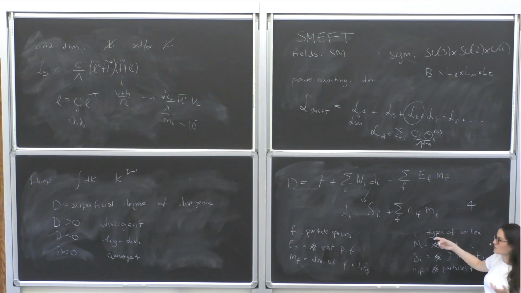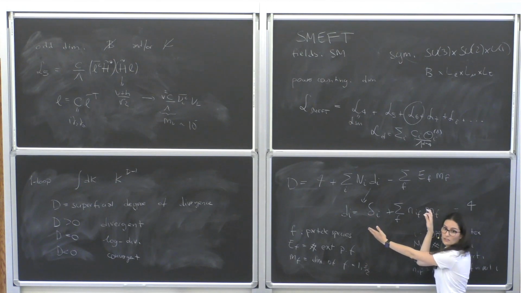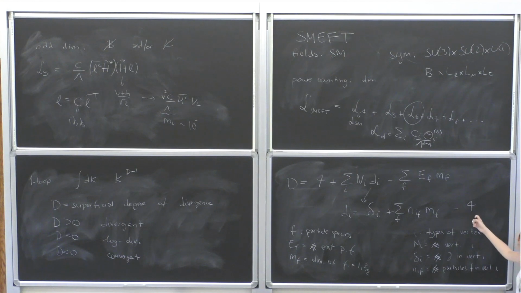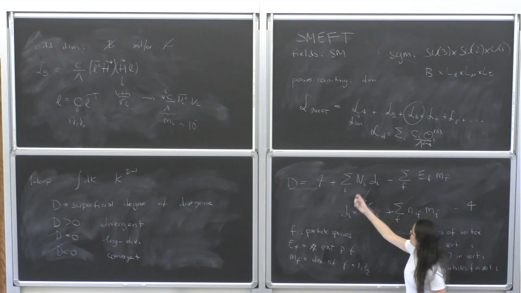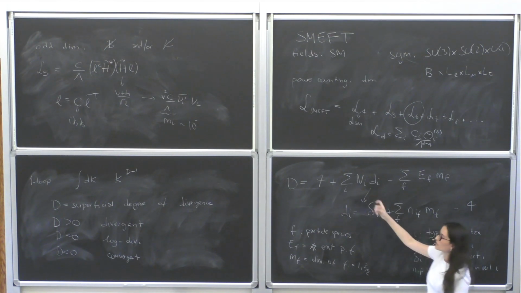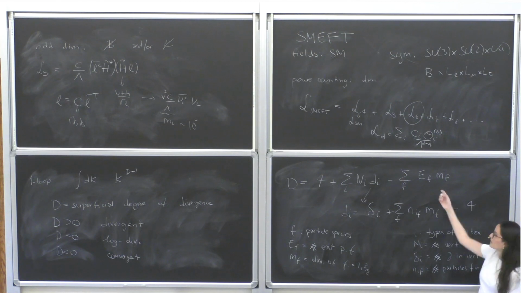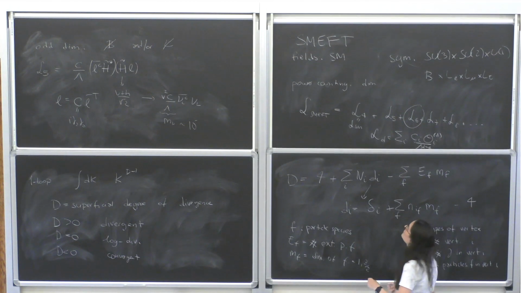So you have to sum the dimensions that come from the fields, and then you have to sum the dimensions that come from the derivatives. This is the dimension of the interaction. If you're in the standard model, this is always smaller or equal to 4. You subtract 4 because it's part of the combinatorics game. So you count basically how many dimensions enter into the diagram because of the vertex, and then you subtract the dimensions that come from the external lines. We can do an exercise to convince you, but trust me, it works.